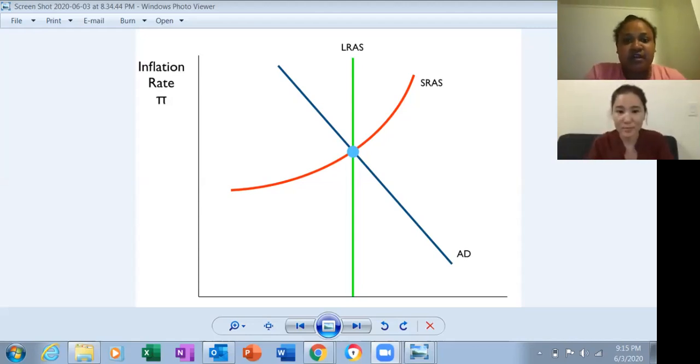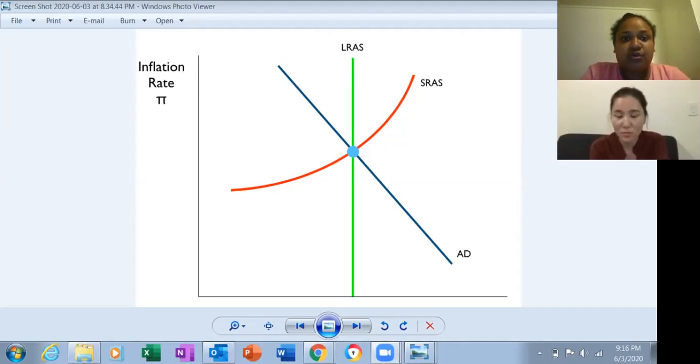So as you can look here on the screen, we have the long run supply curve, we have the short run curve, and we have the aggregate demand curve right here. For my one, we're talking about lower electricity, and lower electricity will affect the supply curve, which is the green one.